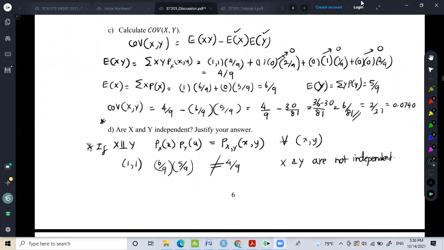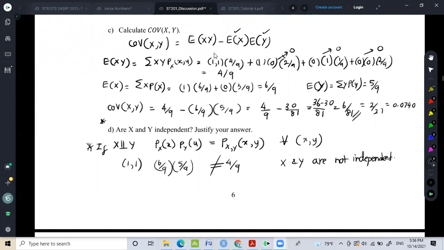That direction is correct. But the other way around is not always true. When X and Y are independent, the covariance will be 0, but having a 0 covariance does not say that X and Y are independent all the time. So I have to be very careful.